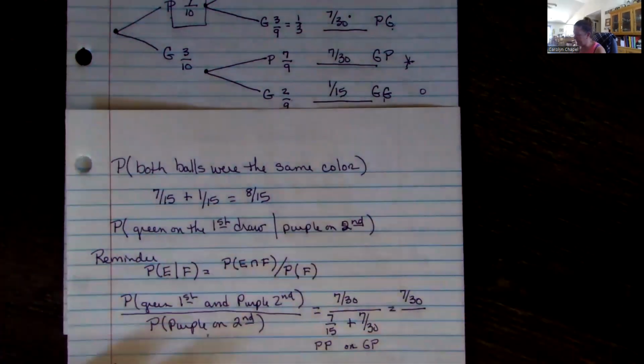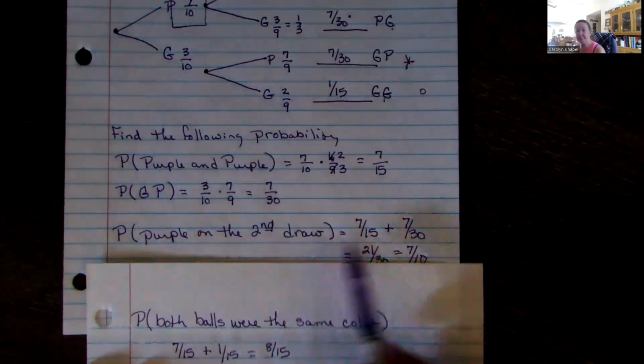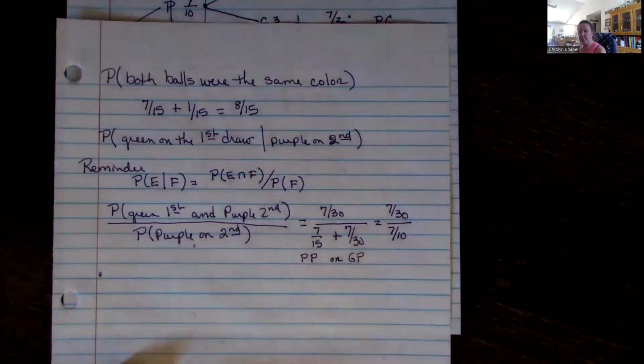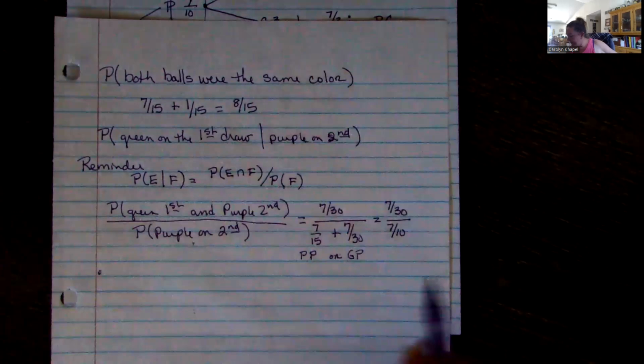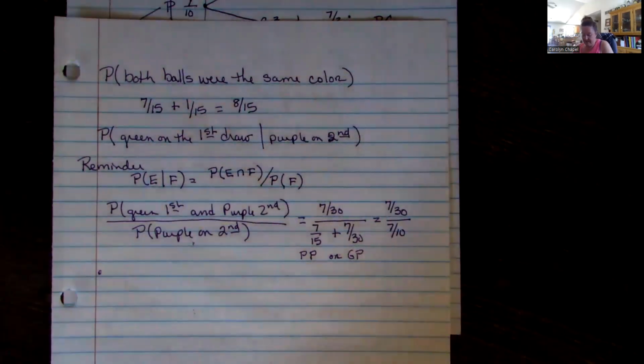Going back to reminding myself the purple on the second, we did that one. That was right here, which reduced down to 7 out of 10. Saving myself a little bit of time. Okay, I'm going to take that 7 out of 30 and divide it by my 7 out of 10.